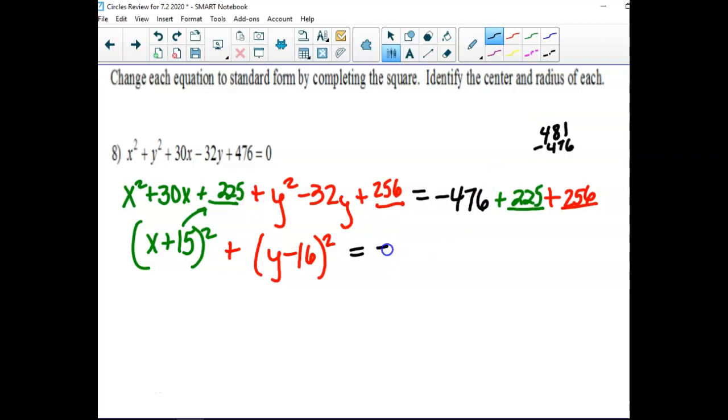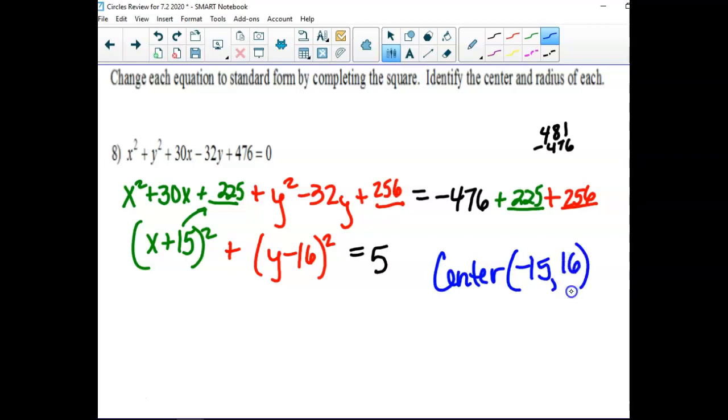Did anyone get a 5? Okay. And actually I think the one on the quiz doesn't come out nice. So, it's all right. What is the center? -15. I got +16.